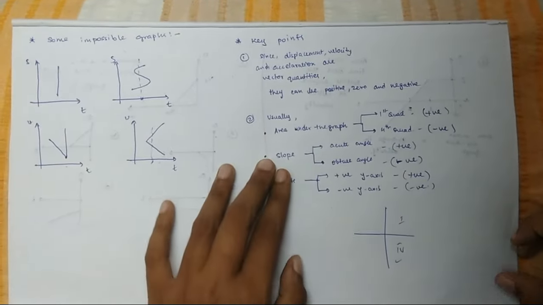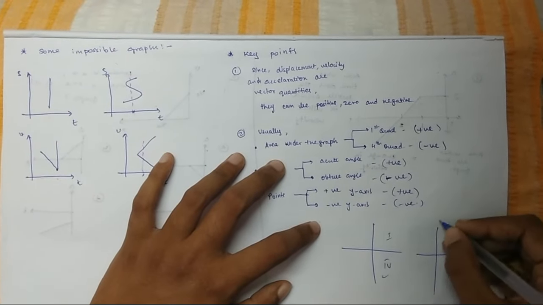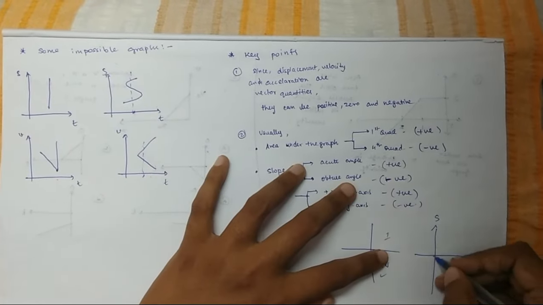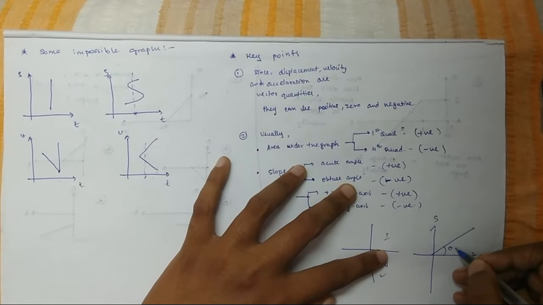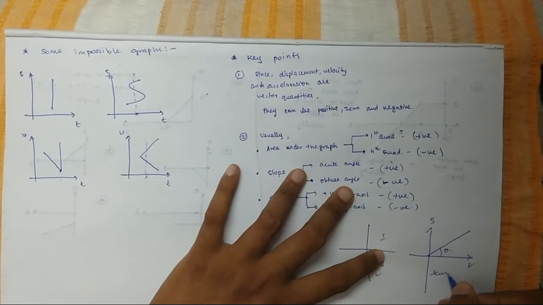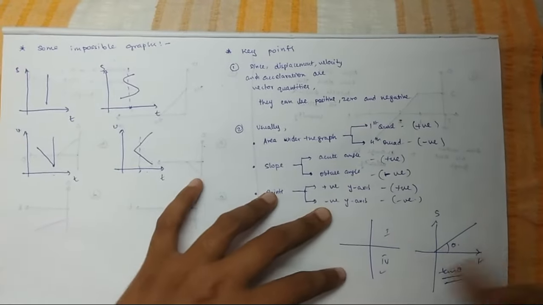Okay? And slope. As you all know, say in a displacement time graph, here this is theta, which is an acute angle. Here for an acute angle, tan theta is positive, so it's considered as positive velocity.